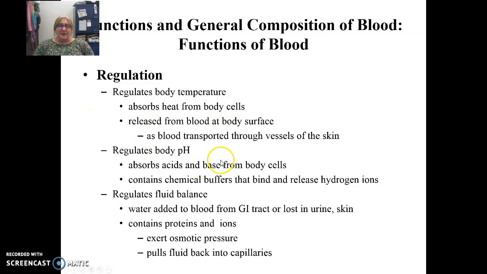Blood also helps in regulating body pH. Our blood pH has to be maintained at about 7.4. So we give it a range of 7.35 to 7.45. So 7.4 is like that perfect set point area.